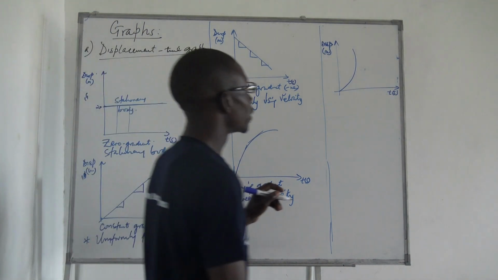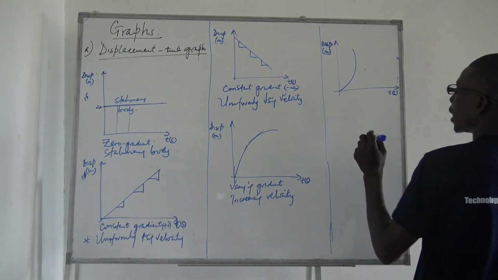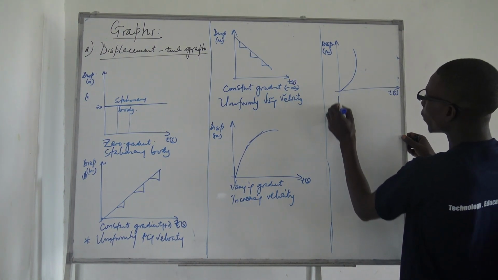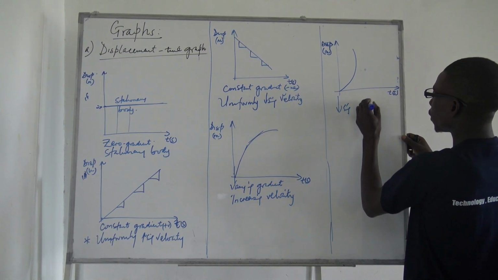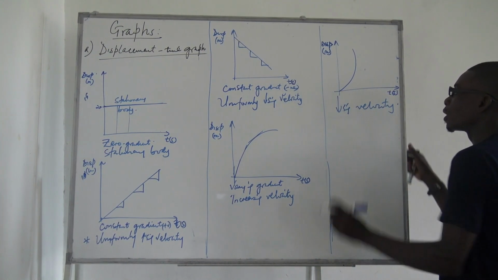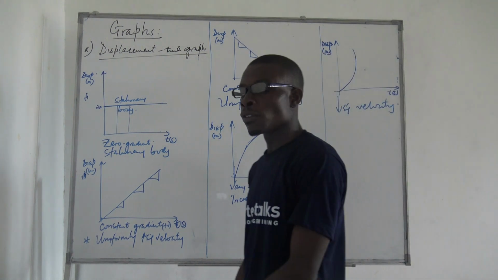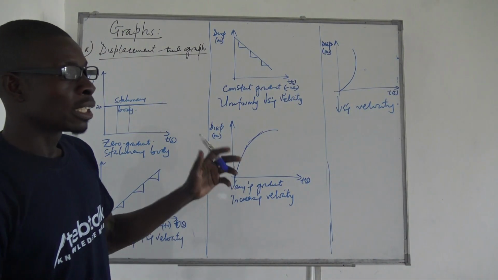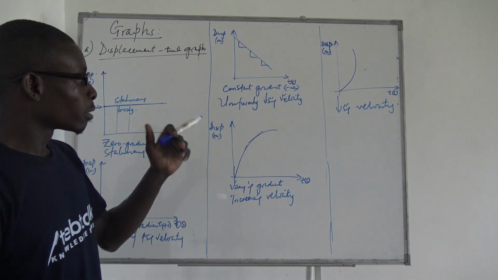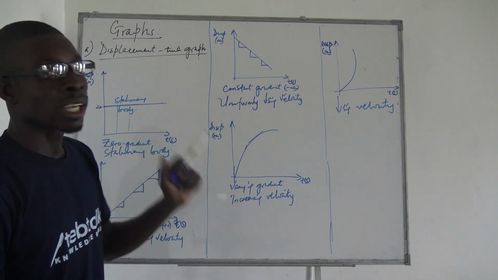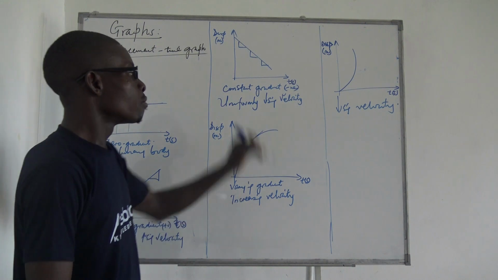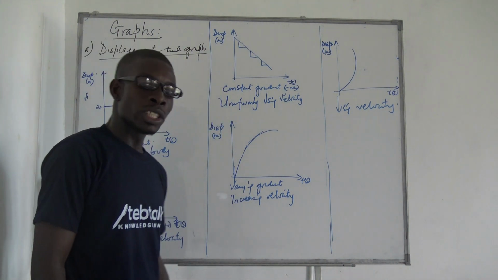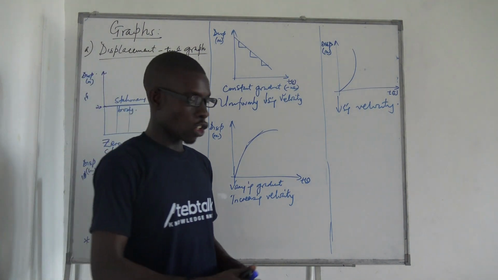This one here can be decreasing velocity. When the velocity is decreasing, but not decreasing uniformly, that now will work as our displacement time graph for a body decreasing its velocity.